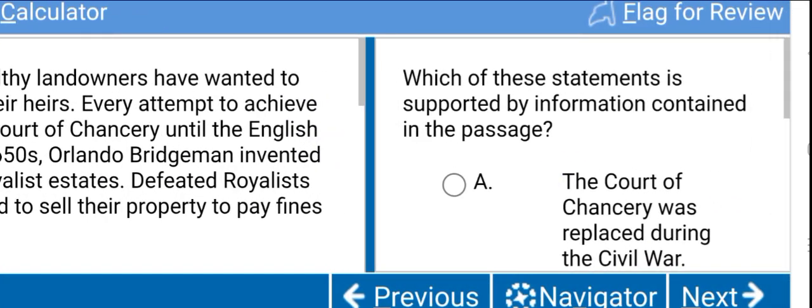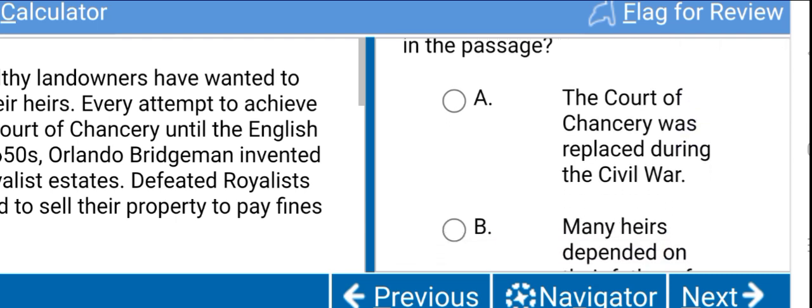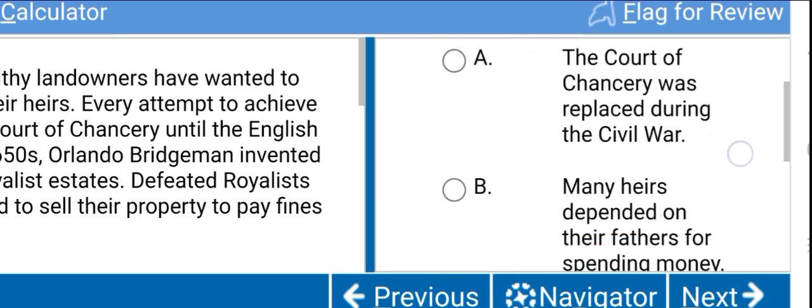Okay, next we have question number 24. Which of these statements is supported by information contained in the passage? Option A, the code of chancery was replaced during the Civil War.